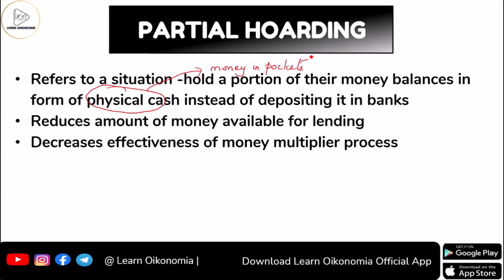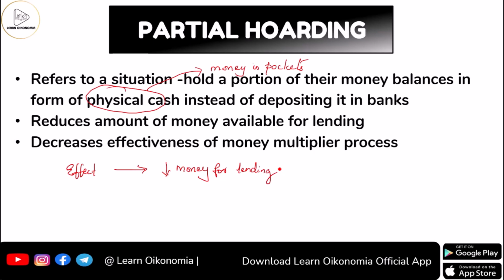What would be the effect of the very same? The effect would be a fall in the amount of money available for lending. So money for lending would be coming down. Why? Because only when you deposit money in the bank, the bank would be able to have more money with it, right? Then only it would be able to lend more to the public.